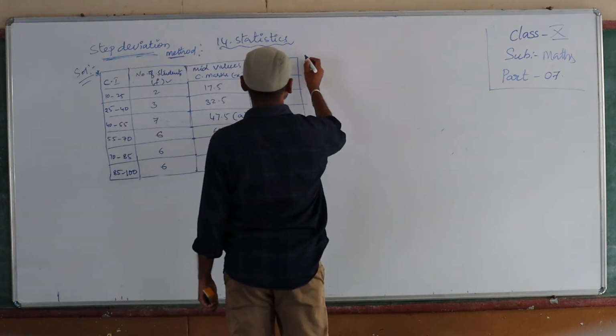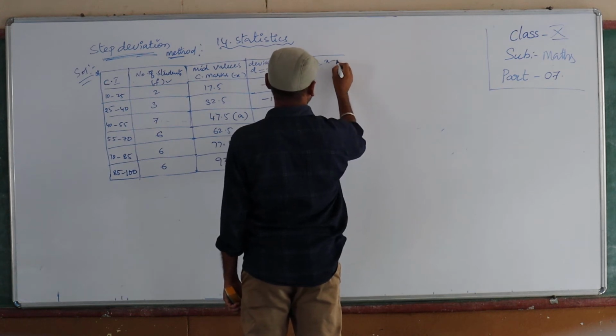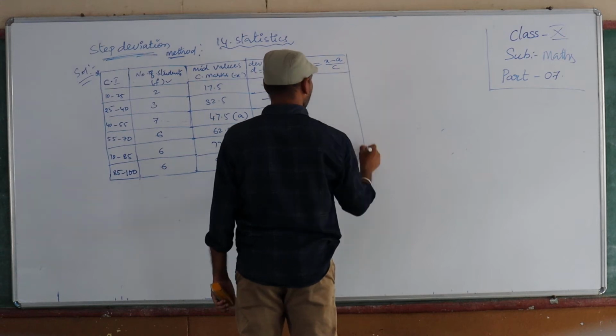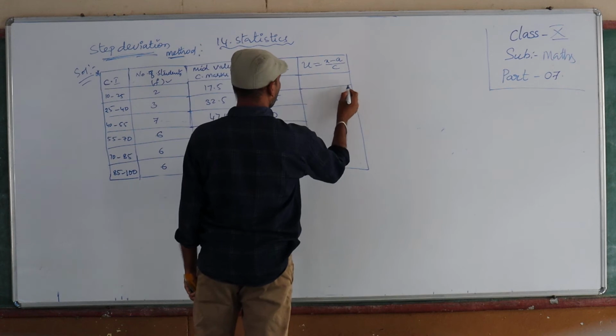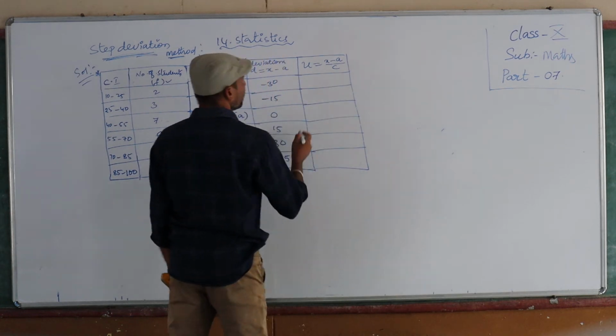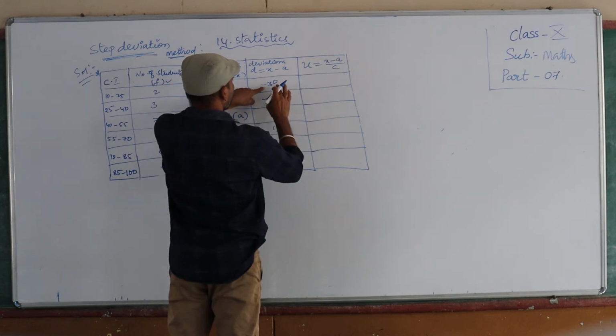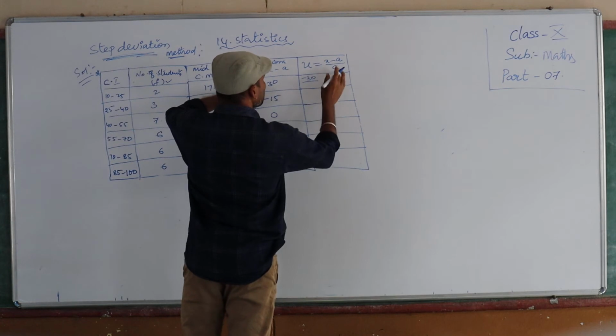Next we are finding u, which is x minus a by h. This h we can take as c, because we use c in the formula. So how do we get u? I will write here u equals x minus a by c, for example minus 30 by c.